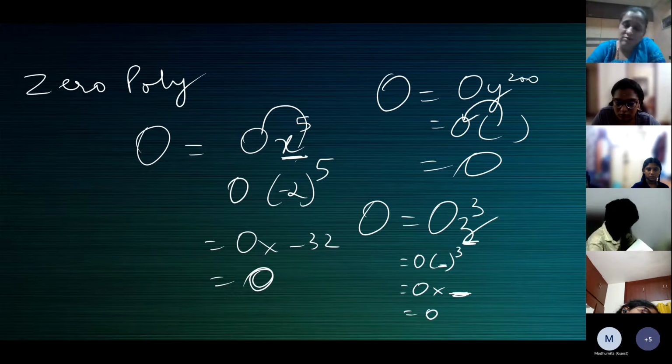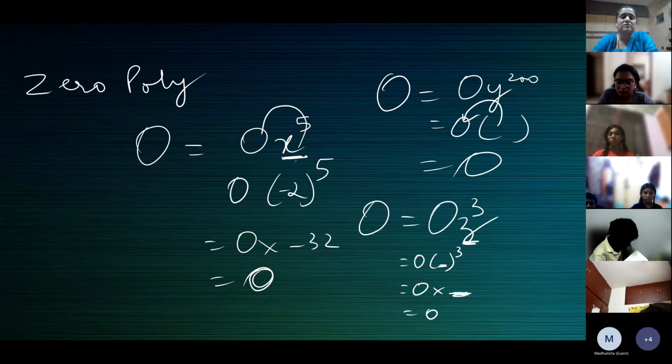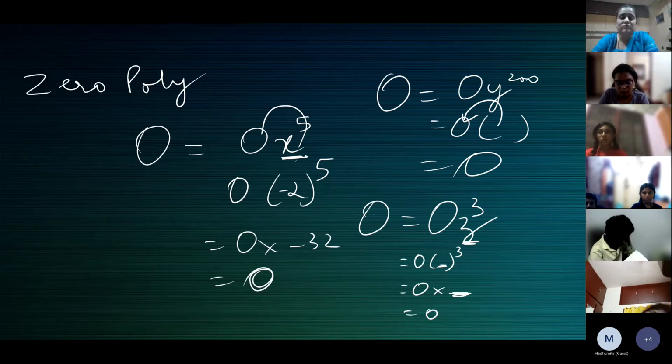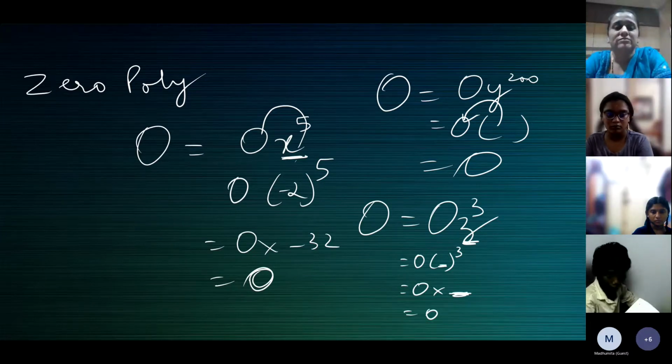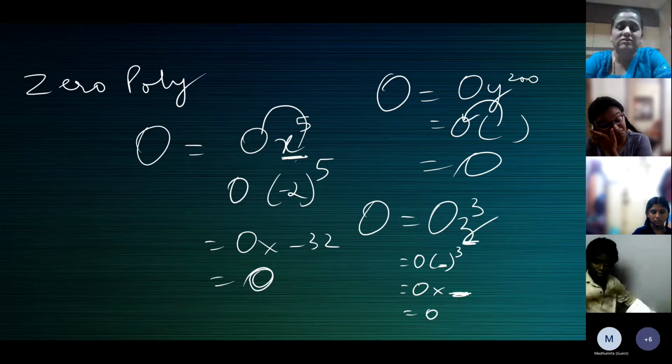I told you, the number of zeros can be many. Degree has only one answer. You cannot say a zero polynomial has many degrees. That's why we say the degree of a zero polynomial is not defined. But how many zeros does it have?